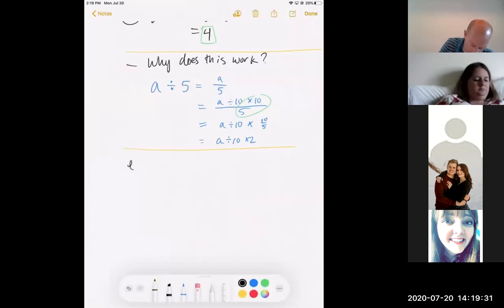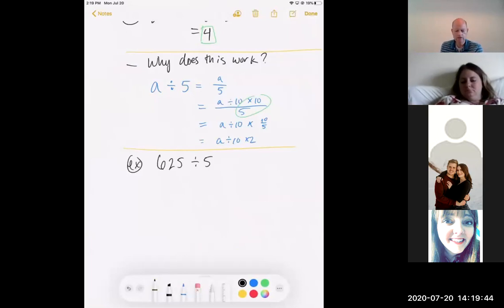So here's another example. 625 divided by 5. If we want to do 625 divided by 5 using this strategy, how can we do it?